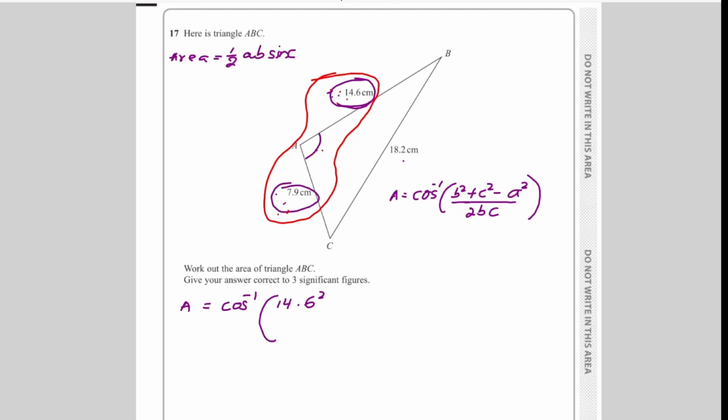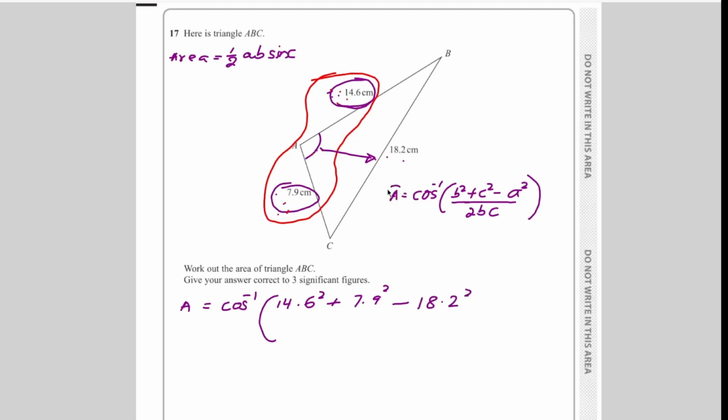Therefore, we need to get 14.6 squared plus 7.9 squared minus always the side which is opposite to the angle that you need to get. Here now this is the side which is opposite to the angle that we need to figure out, to be subtracted. So 8.2 squared.